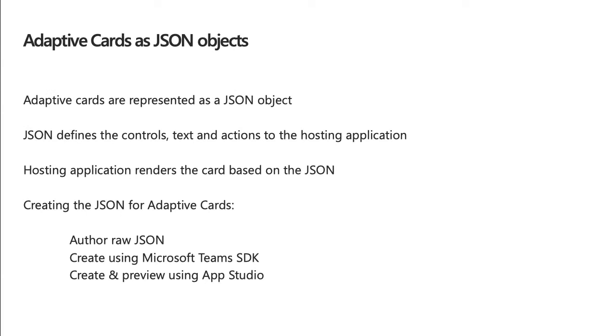An adaptive card is represented as a JSON object. The JSON string defines all the controls, text, and actions that the hosting application will use to render the card. This JSON can be authored in any text editor. The Microsoft Teams app, App Studio, can be used to author adaptive cards, starting with a template as well as preview the rendering of the card.